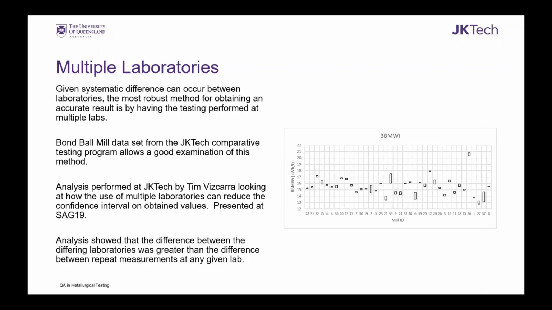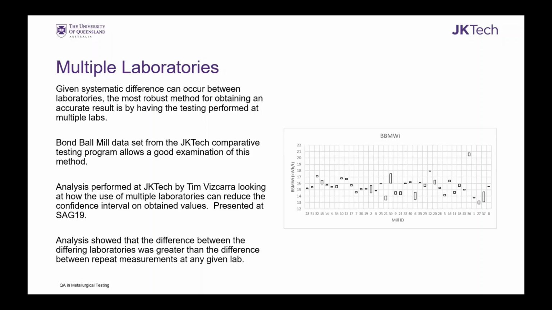So this raises the question of how many laboratories you would have to send a sample to have more confidence in what the average answer is and how close that is to the true value, to that average value. A lot of this analysis, which I'm discussing now, was done by my colleague, Tim Viscarra.